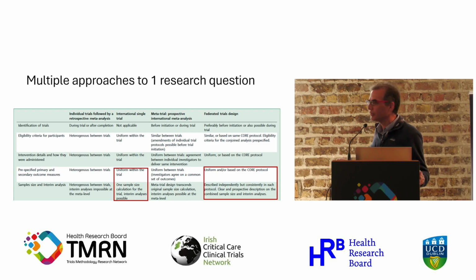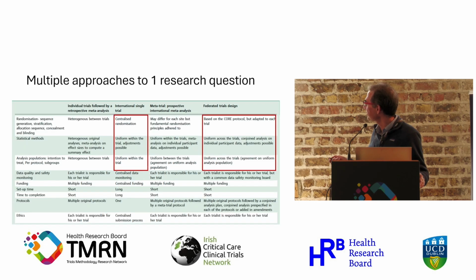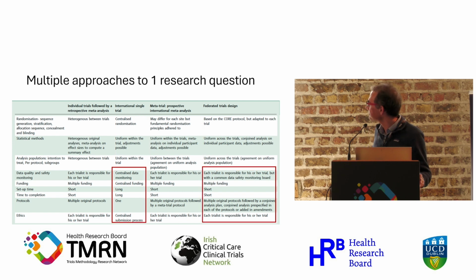The sample size could also be described independently in each trial. That didn't really matter, as long as there was a clear description of the combined sample size and the interim analyses. And finally, randomization, statistics, and analysis population were again based on a common core protocol.